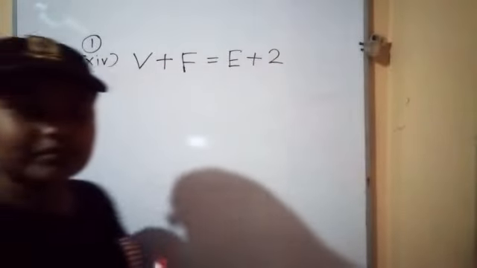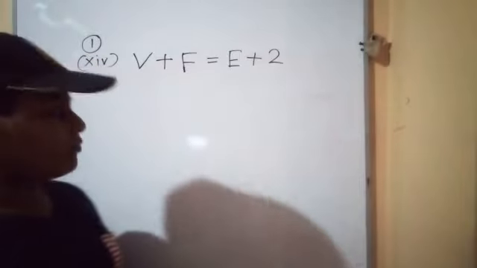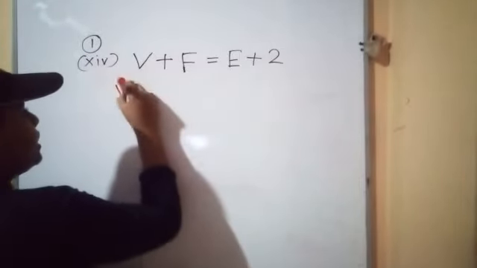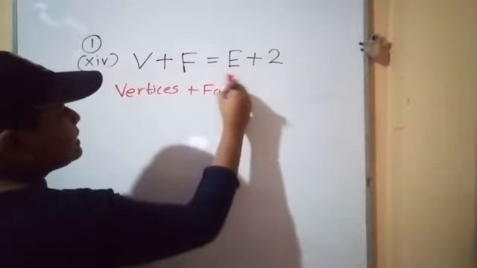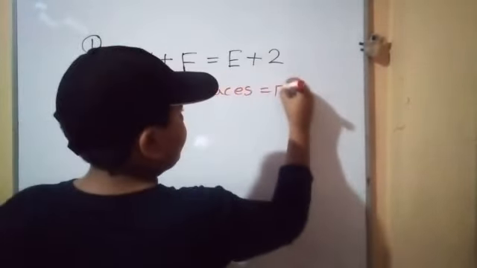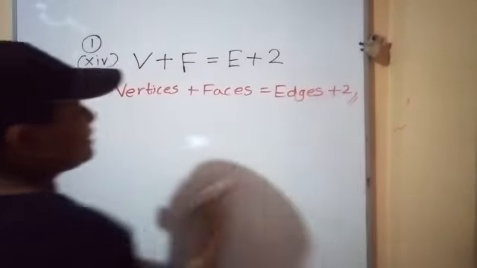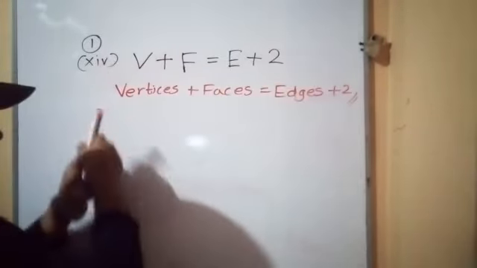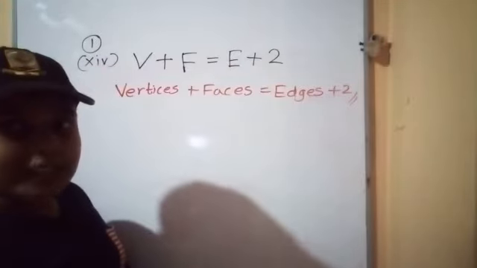You know that. Vertices plus faces equals edges plus 2. This is Euler's relationship. This is the essential form, that is the main one. Vertices plus faces equals edges plus 2.